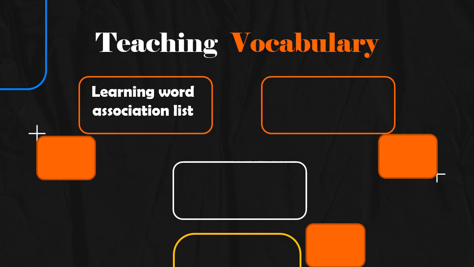The teaching of word lists through the word association technique has proved to be a successful way to learn a large number of words in a short period and retain them over time.